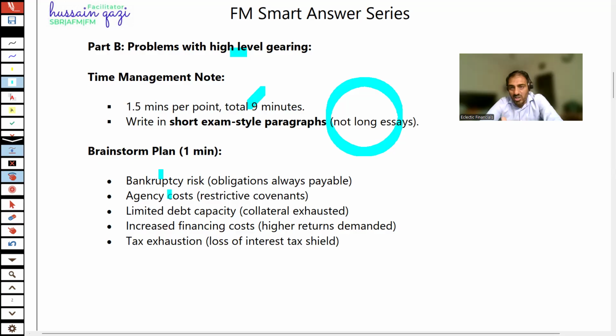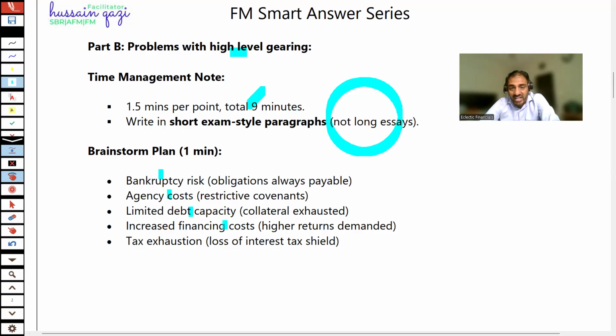Agency cost: the lender makes restrictions in terms of covenants, and shareholders are reluctant to accept covenants. Number 3, limited debt capacity: once you get the loan, your future ability to arrange more debt or finance may be restricted.